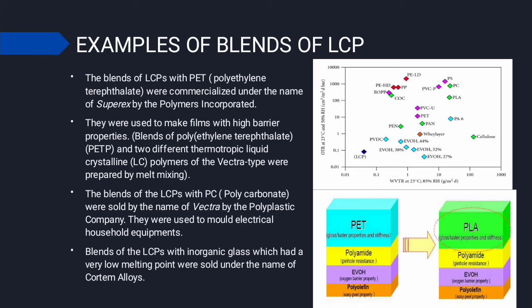They were used to make films with higher barrier properties. Blends of polyethylene terephthalate PET and two different thermotropic liquid crystalline polymers of the Vectra type were prepared by melt mixing.